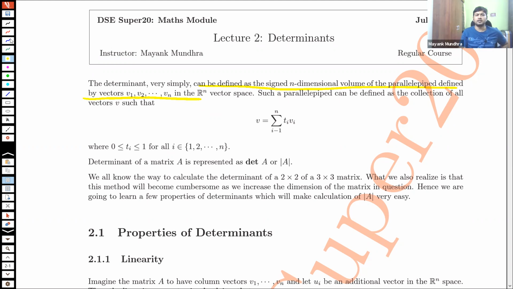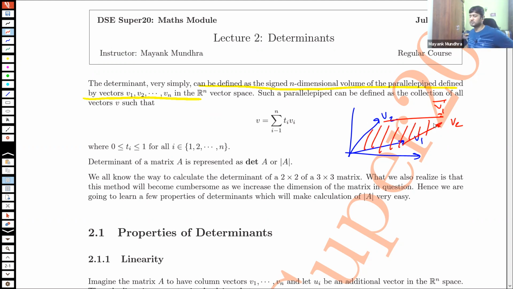So basically, suppose you have vectors v1 and v2 here in the two-dimensional space. By constructing vector v1 here and vector v2 here, you have this parallelogram which gets constructed in two-dimensional space.